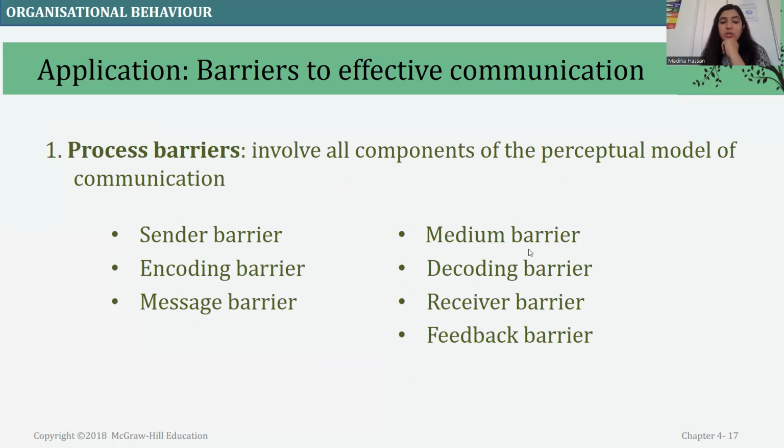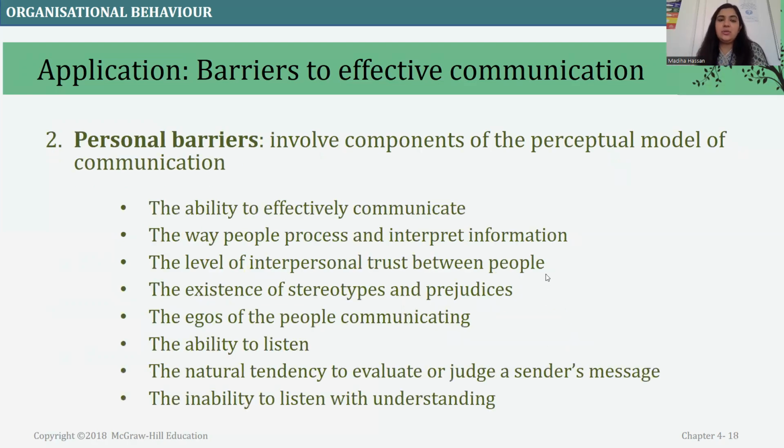Sometimes the message is not given properly, or the medium is not chosen rightly. Then the decoding barrier: the message is not decoded properly. A receiver is having some issues. For example, there is an internet connection problem, so you have sent information and the other person hasn't received it. Then again, the feedback barrier. If the person is not able to provide feedback correctly, that is also a communication problem.